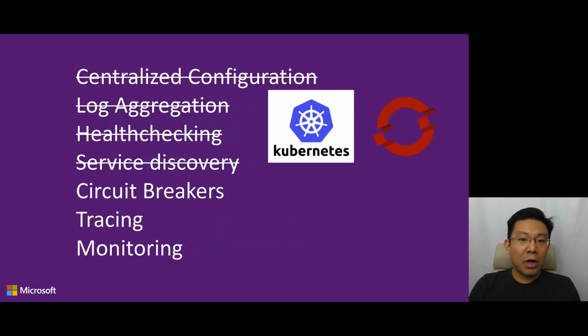Some of these problems can automatically be solved by the platform that you choose. If you choose to run your applications on Kubernetes and OpenShift on top of Azure, you automatically add centralized configuration to your system, because Kubernetes has a feature called config maps.